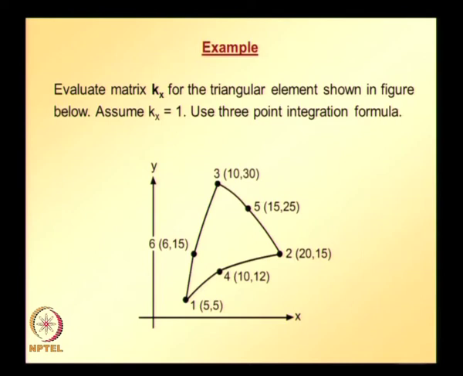Here it is suggested to use the 3-point integration formula, and the computation details are shown for one integration point. A similar procedure can be repeated for the other 2 integration points, and by summing up the contributions from all 3 integration points, the approximate value of this matrix Kx can be obtained.